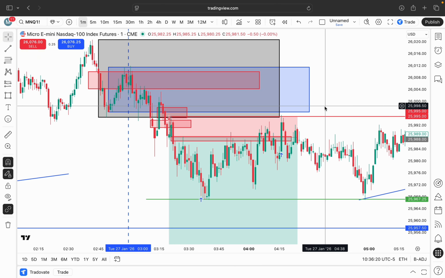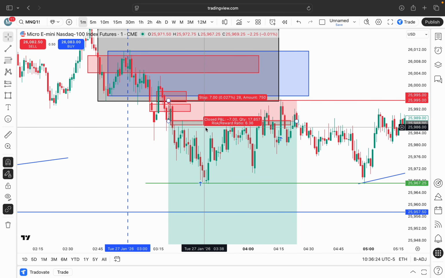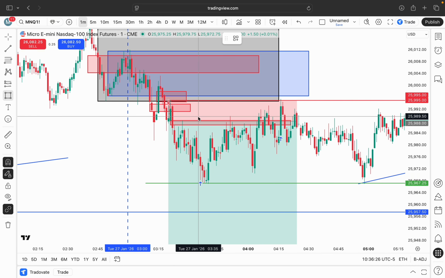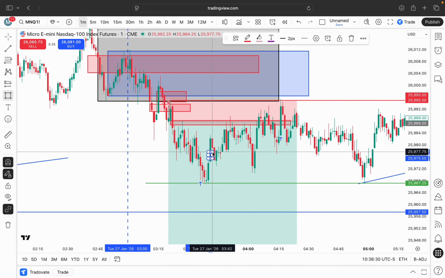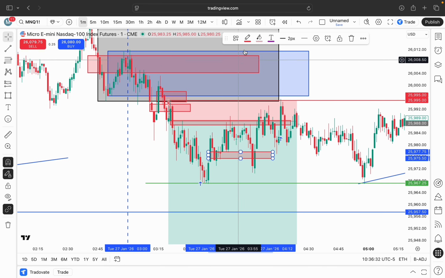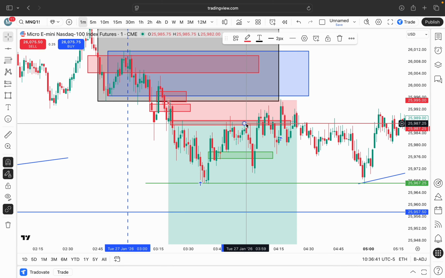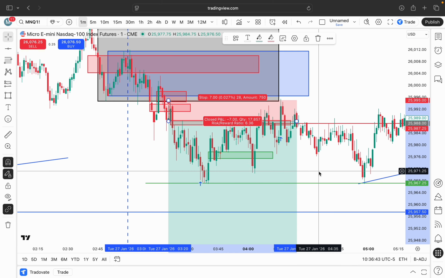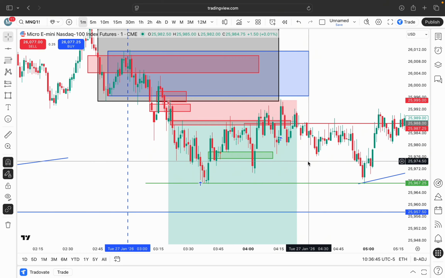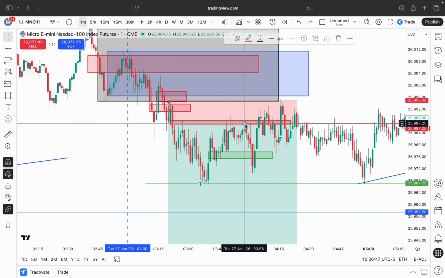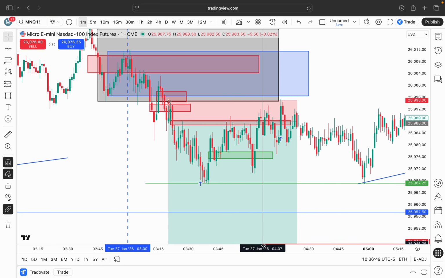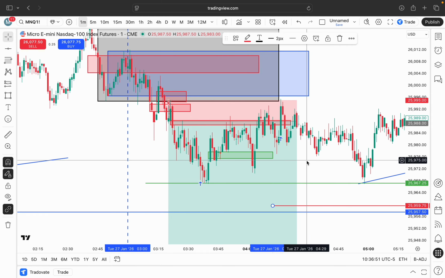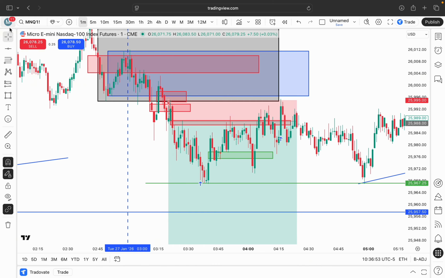On the contrary, if we had respected this fair value gap that is on the favored side, we would have moved this trailing stop loss to whatever high is above that fair value gap. And we would have basically trailed it all the way until we got to our final take profits.